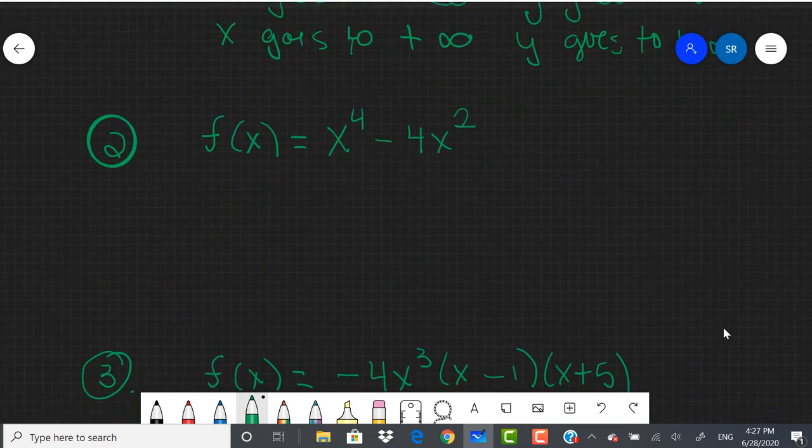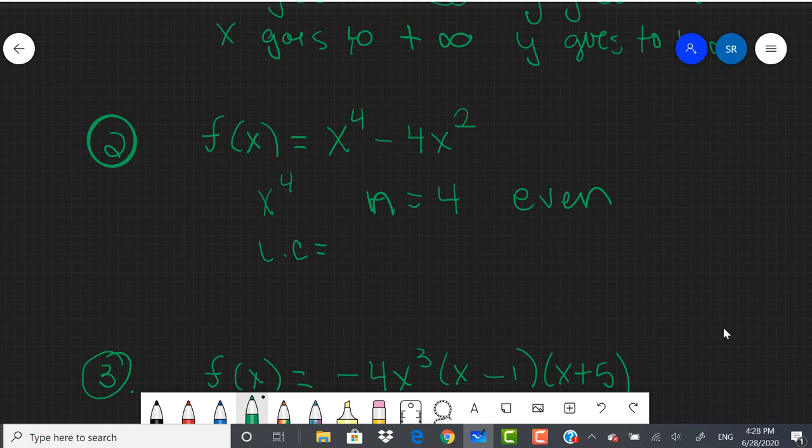Let's look at f of x equals x to the 4th power minus 4x squared. Again, we want to look at the leading term, so we can do the leading coefficient test to find our end behavior. So in this case, it's x to the 4, which means my n is equal to 4, which is even.